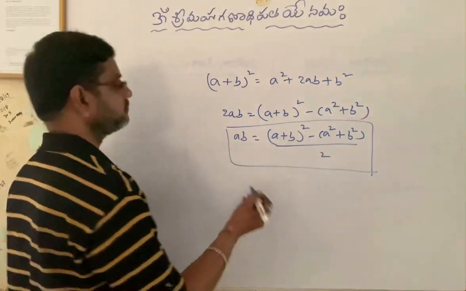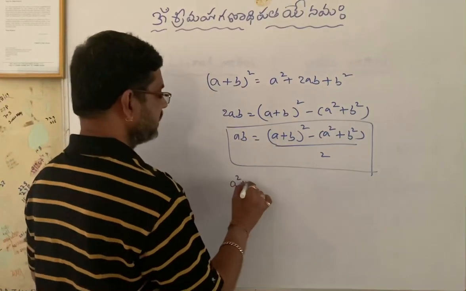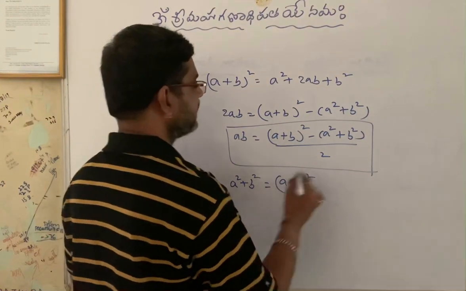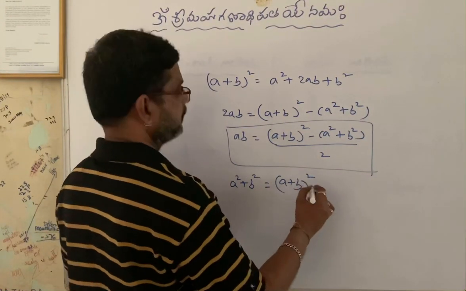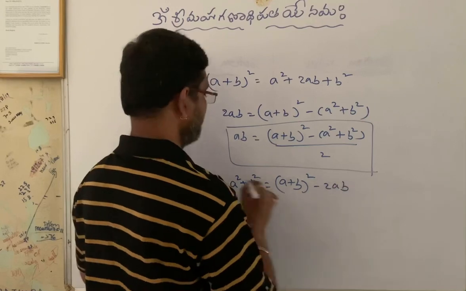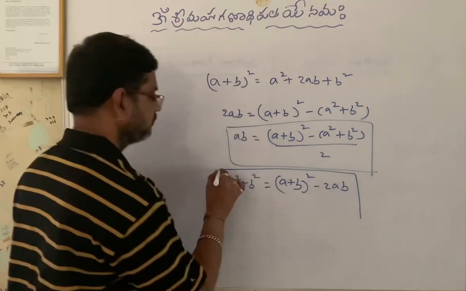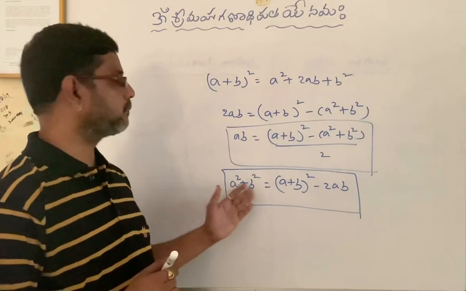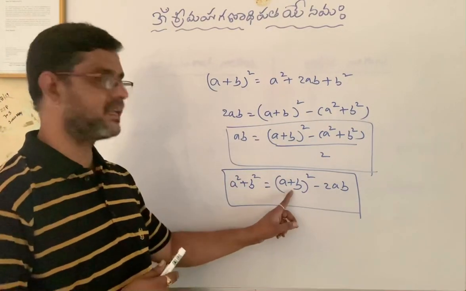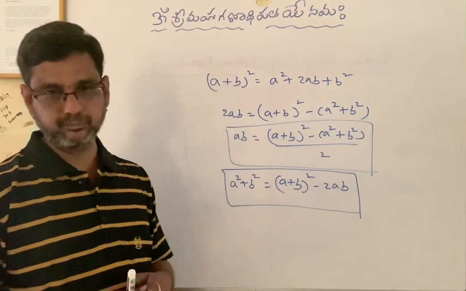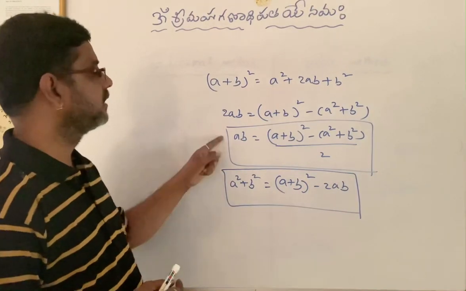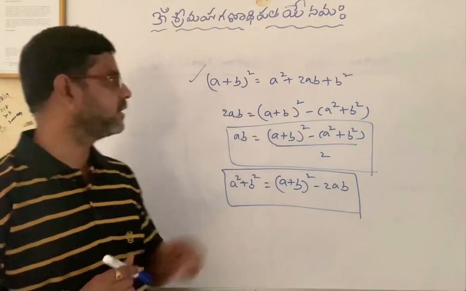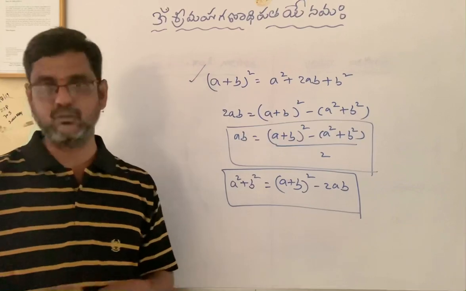Another one: we can calculate the a square plus b square value when we know the a plus b value and the ab value. So these two are the formulas that we can write from the main formula, (a plus b) whole square is equal to a square plus 2ab plus b square.